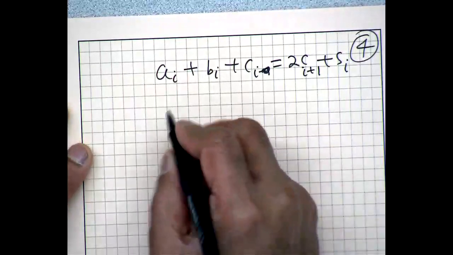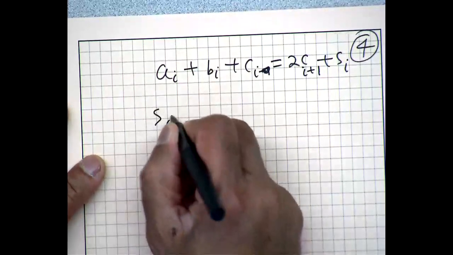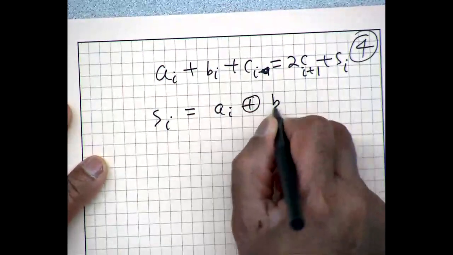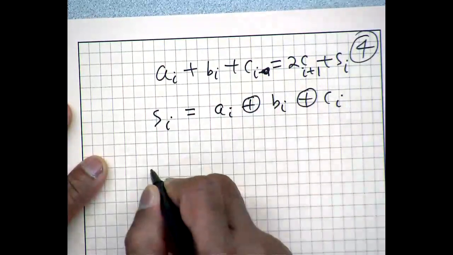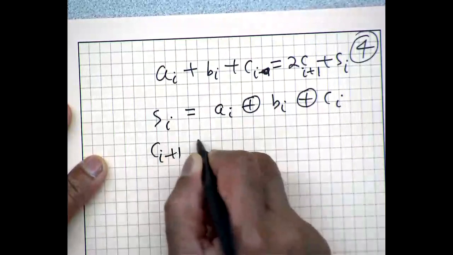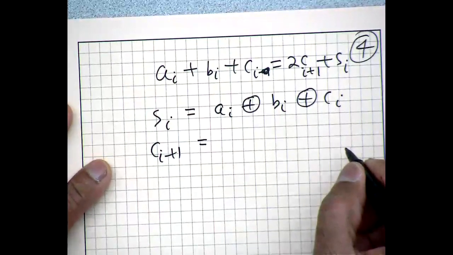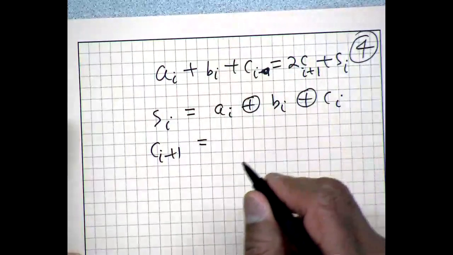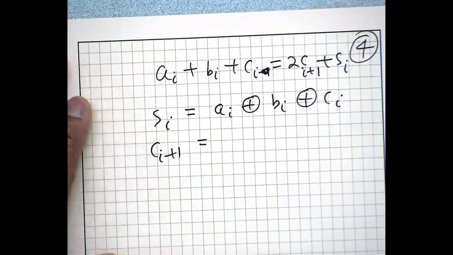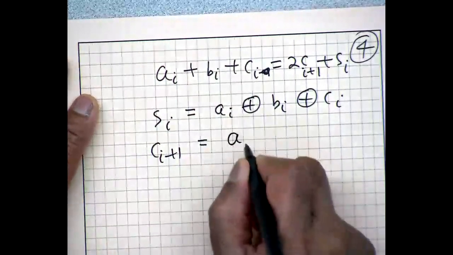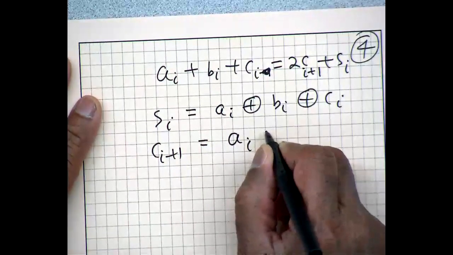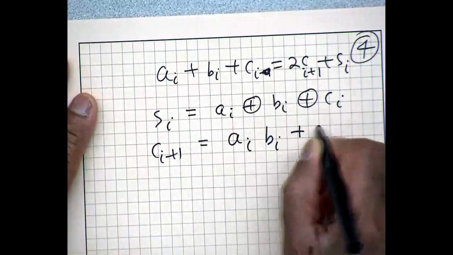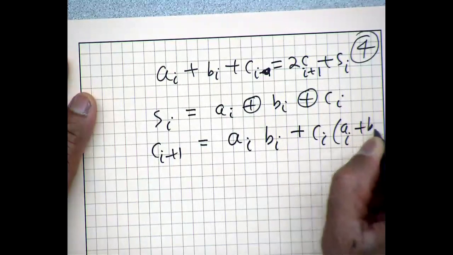The first thing we compute, let me write down Si, the sum, is equal to Ai exclusive or Bi exclusive or Ci, and then Ci plus 1 is AB plus AC plus BC. Okay, so I can write that as Ai Bi plus Ci times (Ai plus Bi).